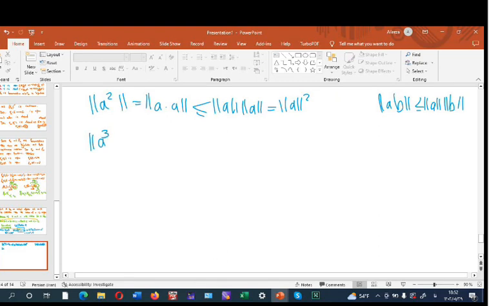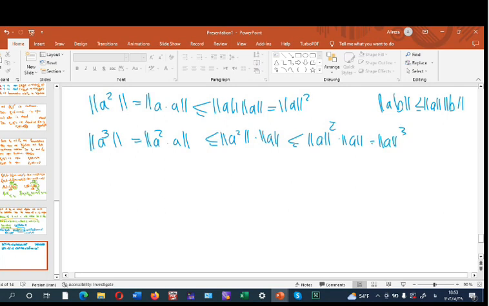We can continue with the cube of a equal to a squared multiplied by a, and this is less than or equal to this norm multiplied by this norm. But the norm of a squared is less than or equal to the norm of a to the power of 2, so this is less than or equal to the norm of a to the power of 2 multiplied by the norm of a, and this is equal to the norm of a to the power of 3.